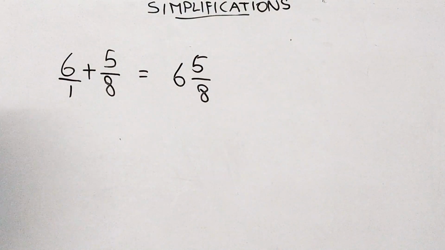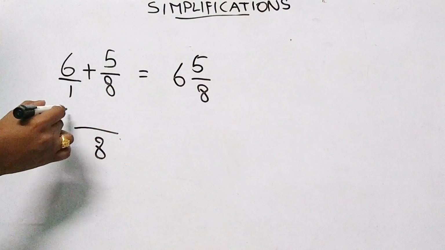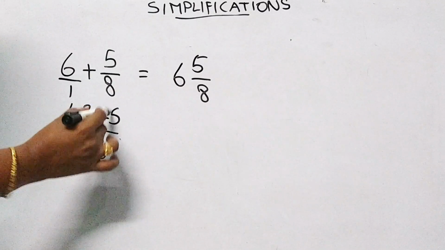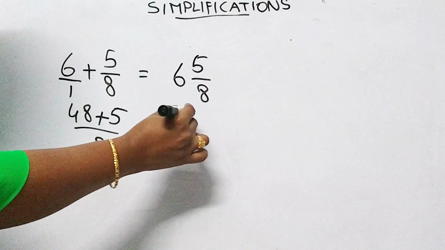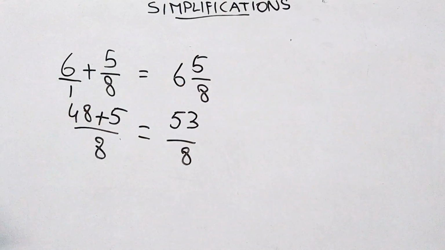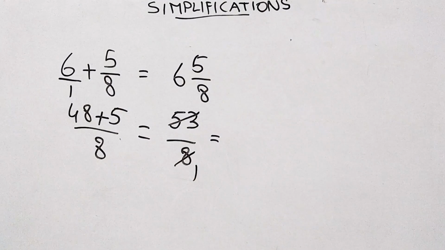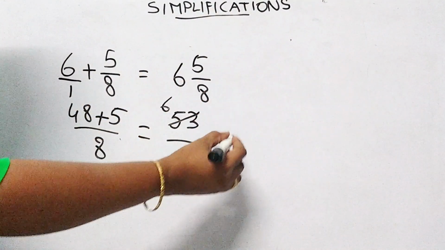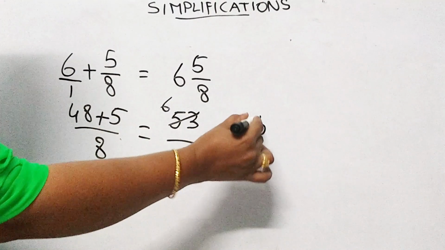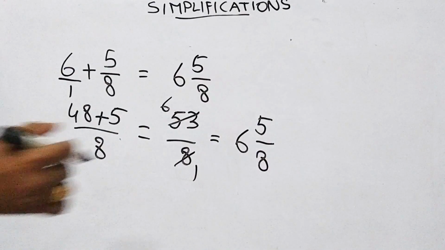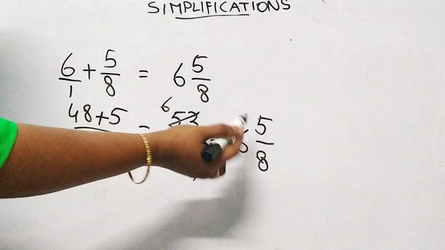If you want me to check the answer once, then I will check. LCM is 8, 8 6s are 48, 5 ones are 5, 48 plus 5, 53 by 8. Now we divide this, 8 6s are 48, the nearest number. 53 minus 48, 5 by 8. So 6 plus 5 by 8 is 6 5 by 8 only.